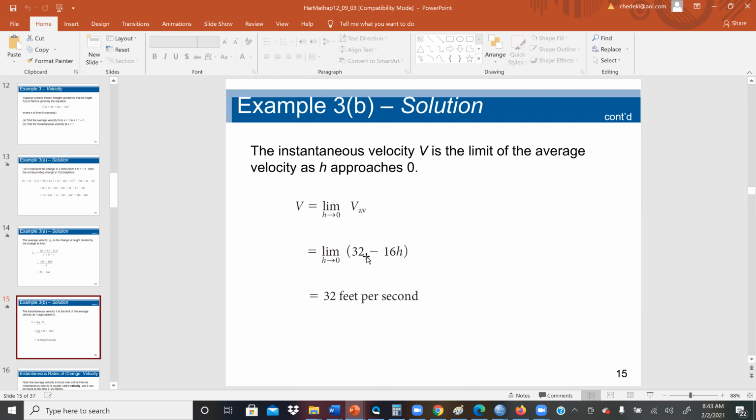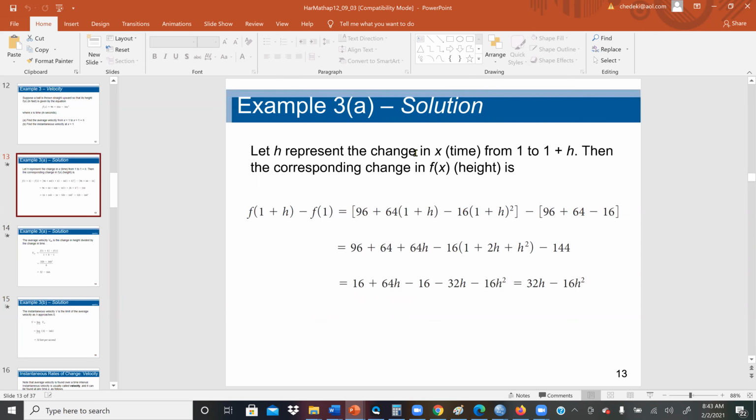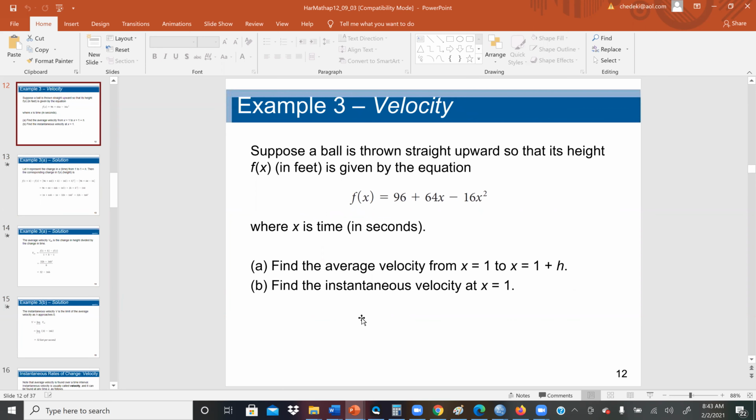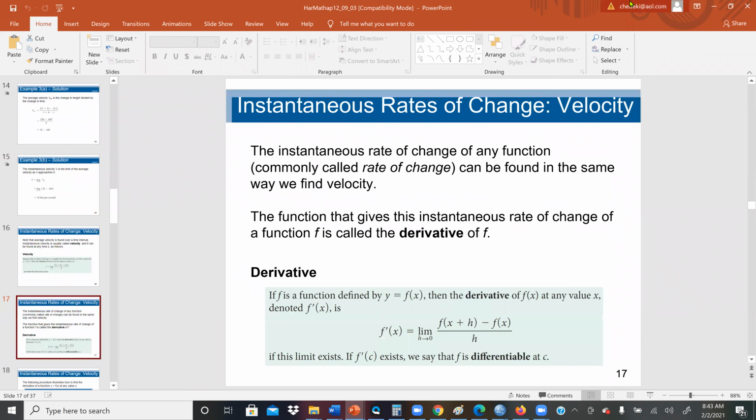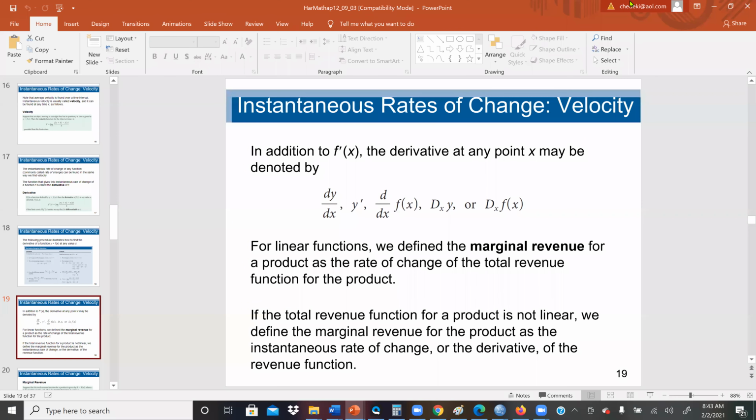Since the expression here has no x variable, the answer will be 32. When we look at the question, they say we should find the instantaneous velocity at s equal to 1, but since we have no x, that will be our final answer.